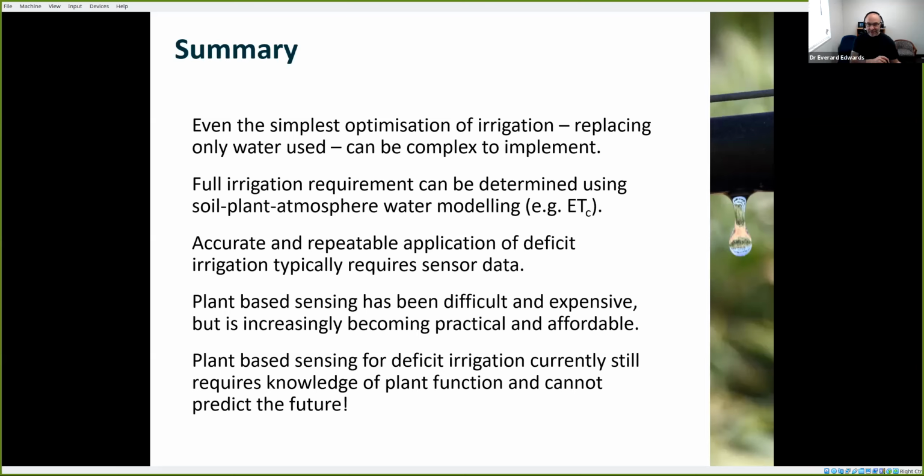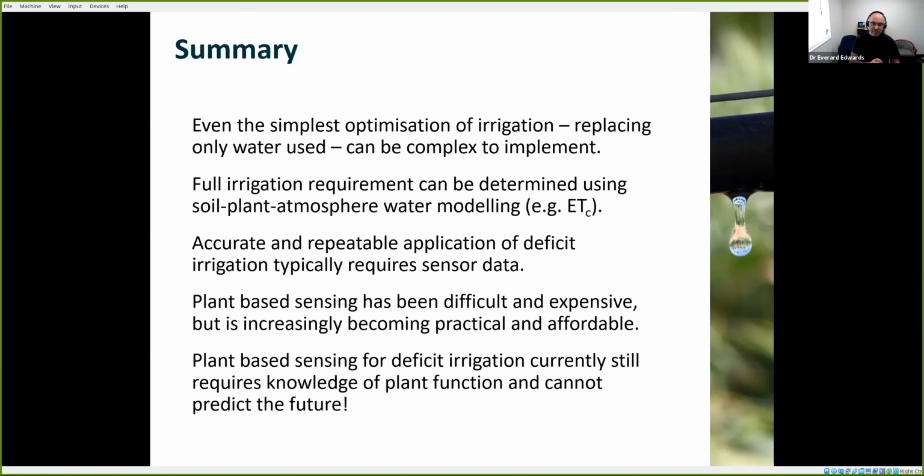So in the past, this plant-based sensing has been quite difficult to implement. It's been expensive. It still is both of those things to some extent, but I think increasingly we're seeing a market appear where some of these devices are becoming both more practical and more affordable.